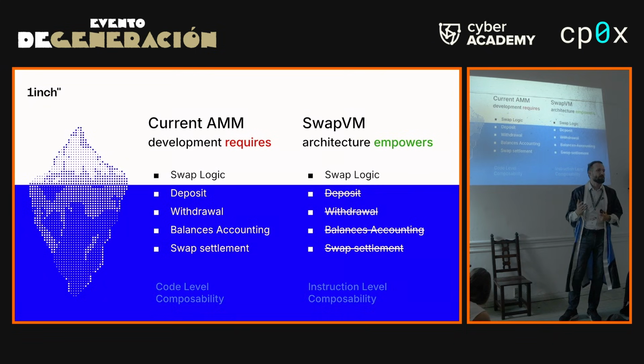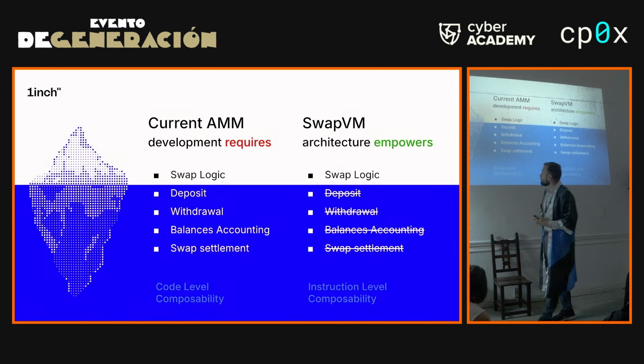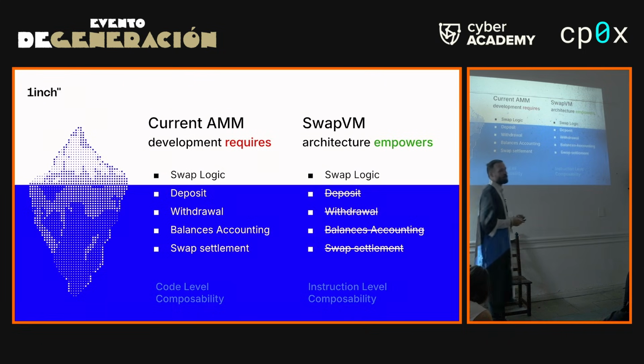Building your own AMM starts with an idea that you could provide some cool swap logic. You have a great formula. Yeah, true. But you still have to develop a lot of other supporting stuff. Deposits, withdrawals, balance accounting, maintaining shares of liquidity providers, swap settlement itself handled correctly.